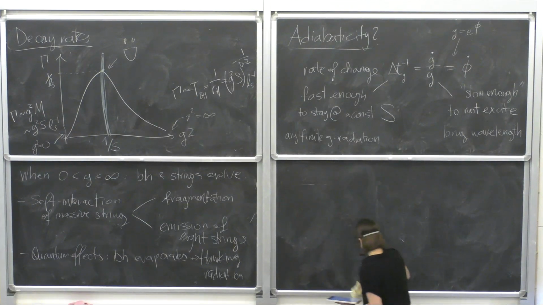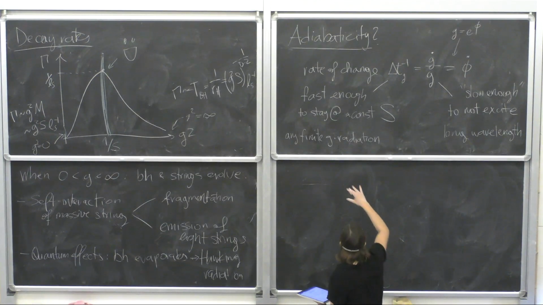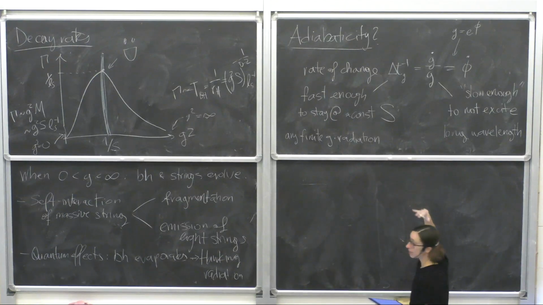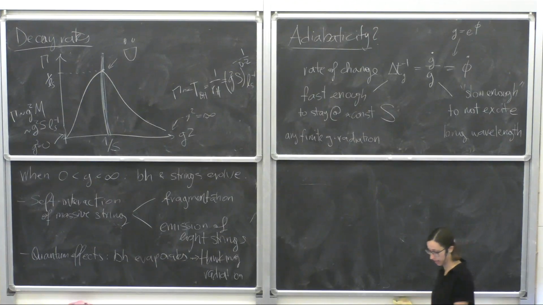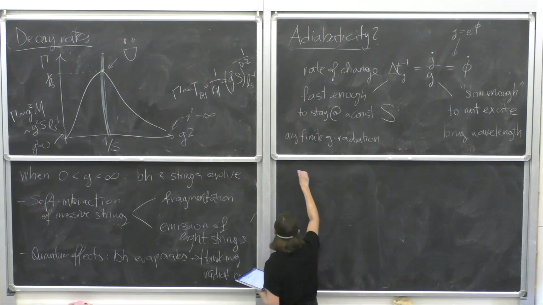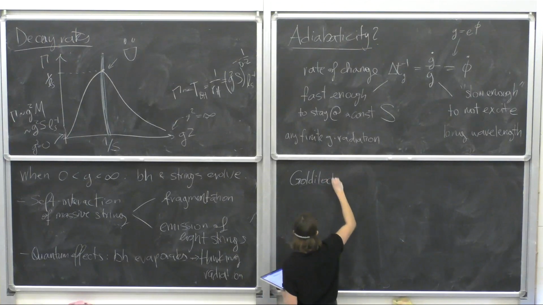So given these two conditions, I can come up with a range of rate of change such that when something happens within that time scale, I can call it almost adiabatic. So we will refer to this as Goldilocks adiabaticity.